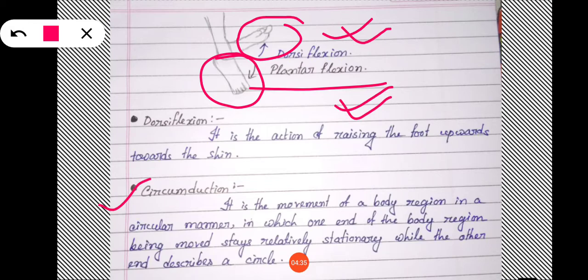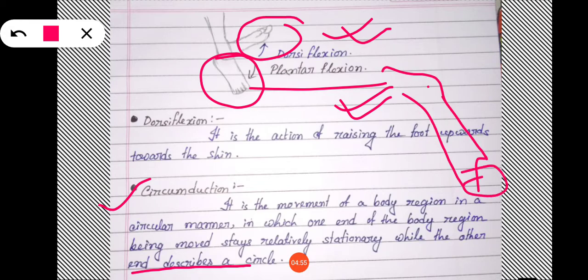What is circumduction? It is the movement of a body region in a circular manner, in which one end of the body region being moved stays relatively stationary while the other end describes a circle. This is the shoulder and this is the hand.